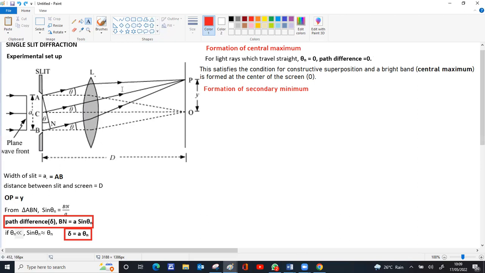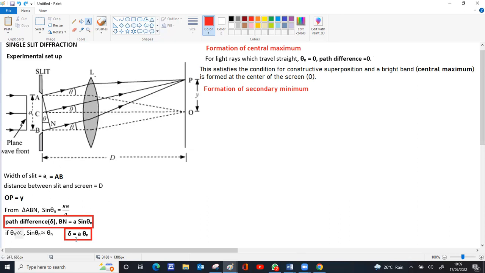Now the same is the case for another point P where the path difference is 2 lambda. So we imagine the slit split into 4 identical sections. If you take 2 identical sections, the total path difference 2 lambda becomes only lambda for AC and CB. If you imagine one more division, AD and DC, CE and EB, AD will have lambda by 2 path difference because a quarter slit will have a quarter path difference.